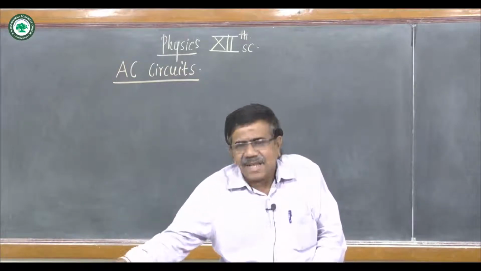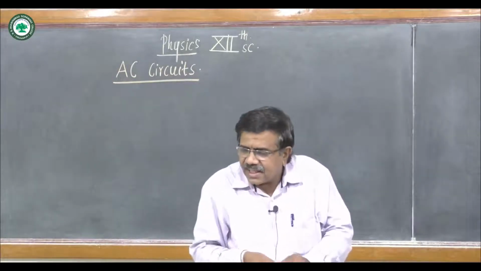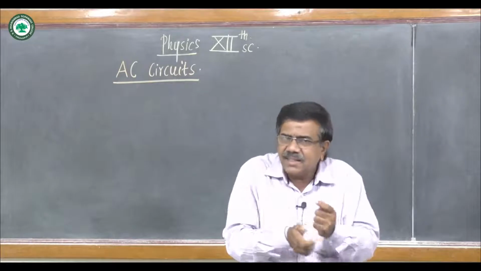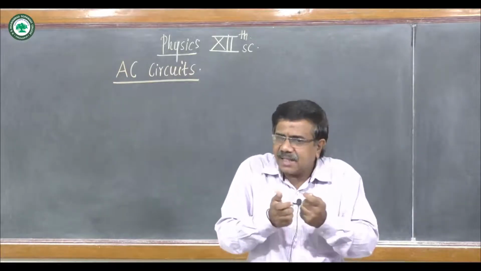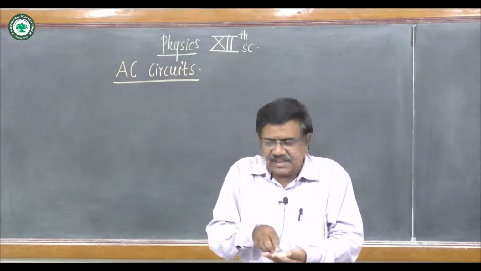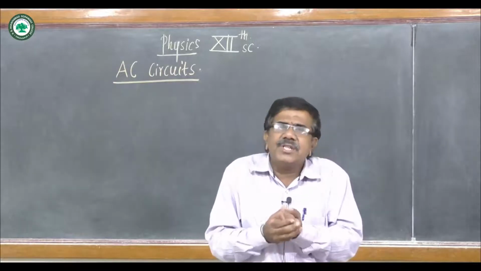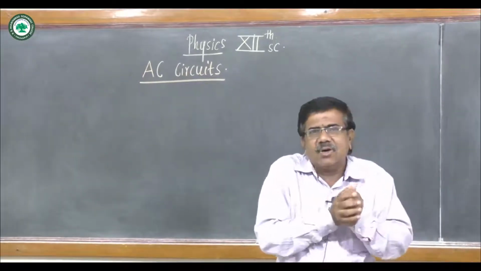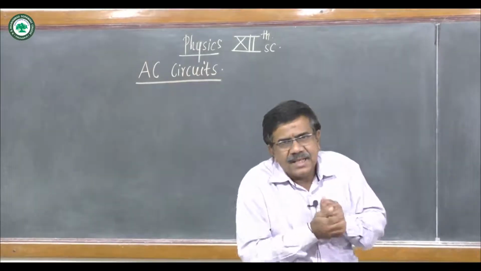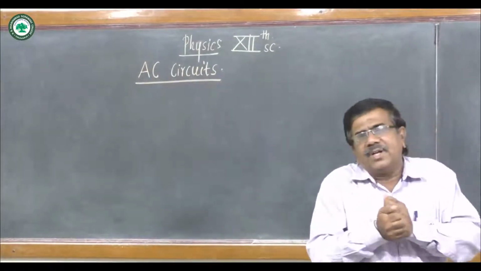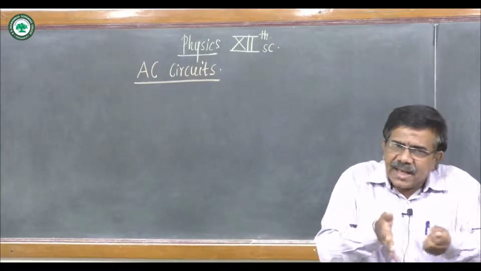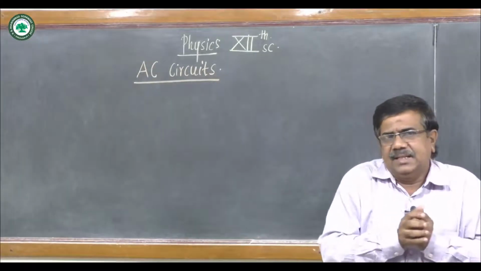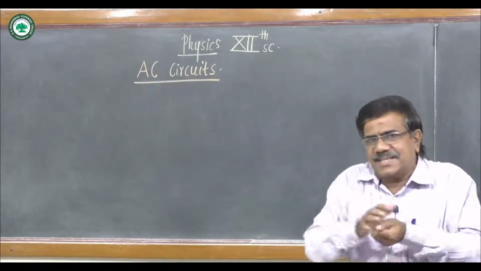So we studied this opposition to the flow of alternating current independently by the inductor, by the capacitor, by the resistor. The opposition by the resistor we call resistance, and opposition to the flow of alternating current by inductor and capacitor we call reactance.